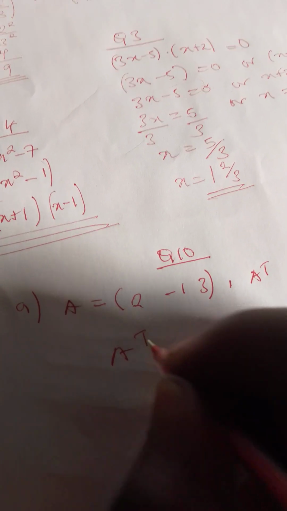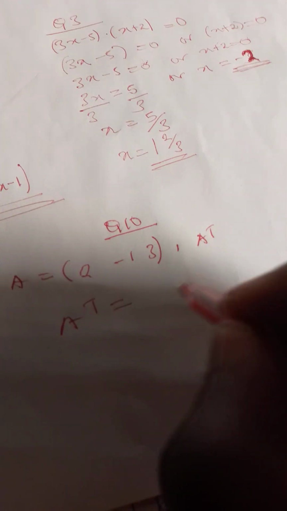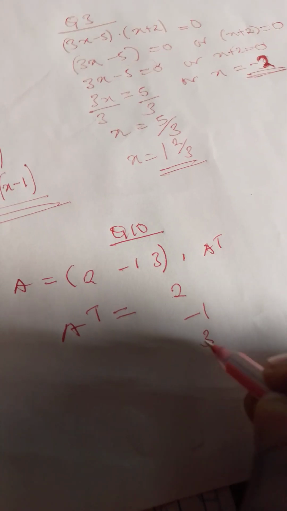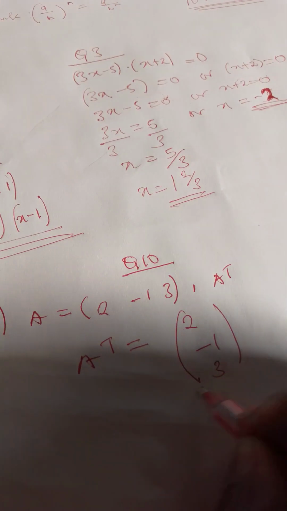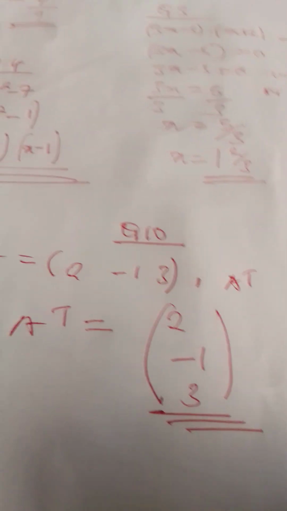So I'm going to say my A transpose, A to the power T, is equals to 2, -1, then 3. So this is my final answer for that particular part of question 10.